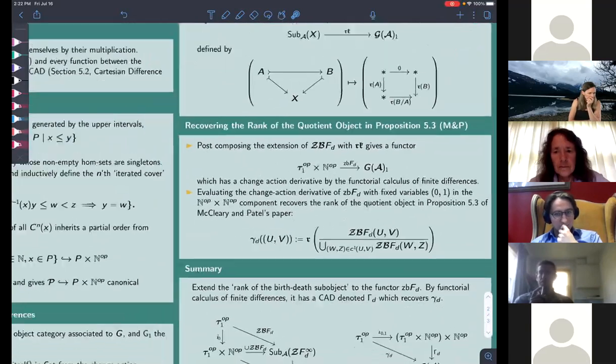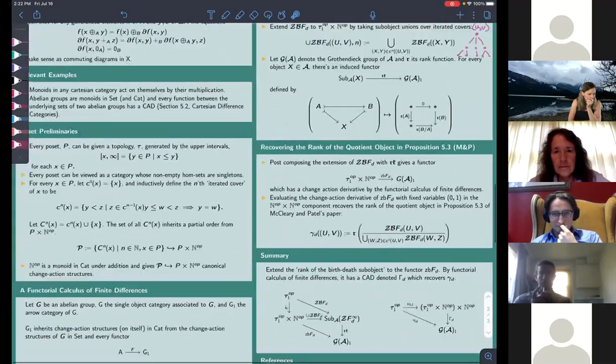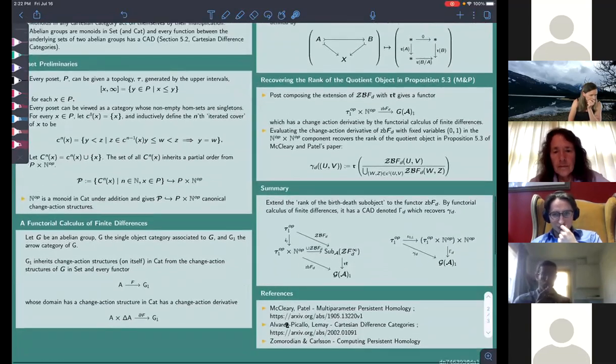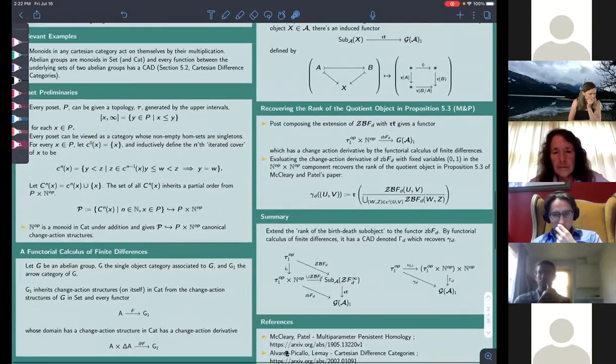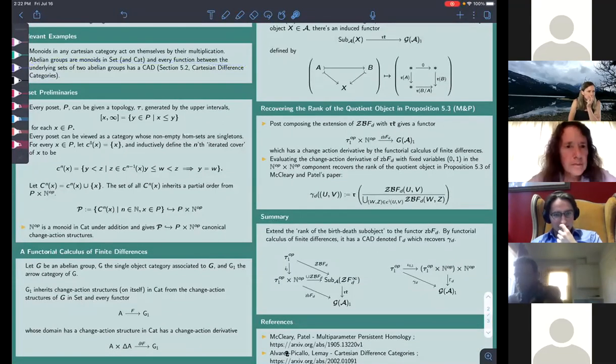So there's a result that kind of comes from the calculus of finite differences in section 5.2 of Lemay and Alvarez-Picallo's paper, Cartesian difference categories, which tells you that every function between the underlying sets of two abelian groups has something called a change action derivative, which is like a categorical finite difference operator.